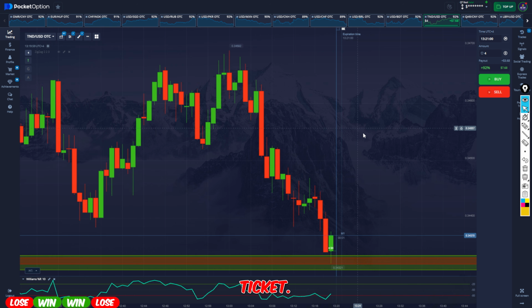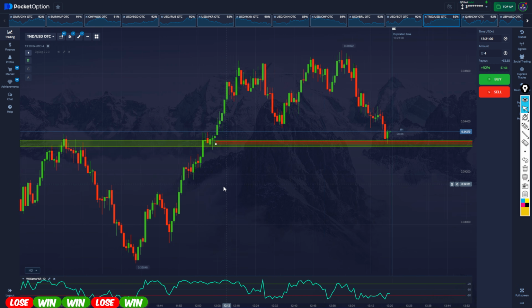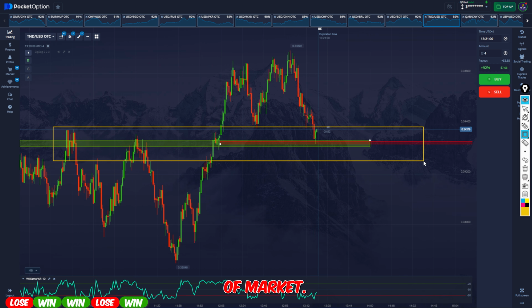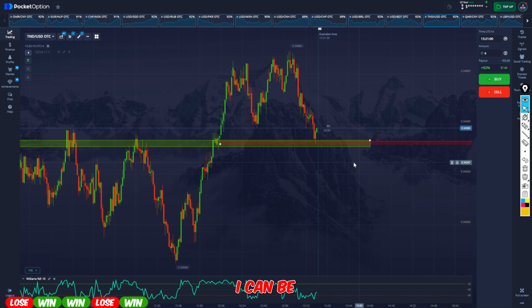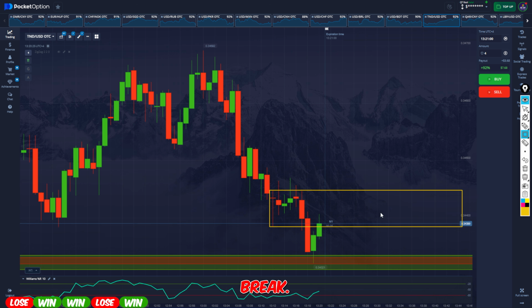To be honest, I was supposed to take 100 trades here, because you see, guys, this movement or this type of market, I can be sure to take here. I'm pretty sure that it's gonna be rejected to the upside, and I combine the reason because here we have a doji break.